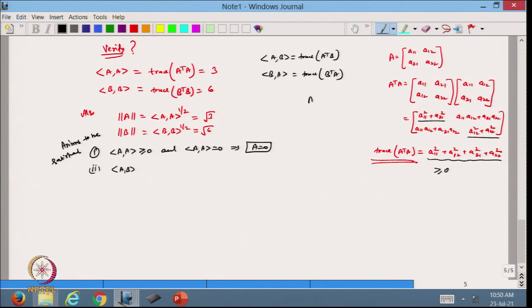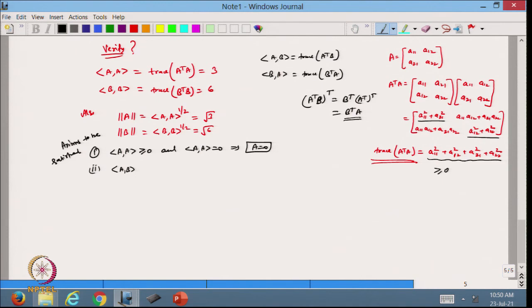I know that A transpose B, transposed, is always equal to B transpose A transpose transpose, that is B transpose A. So if I take the transpose of this one, then I am getting this value.